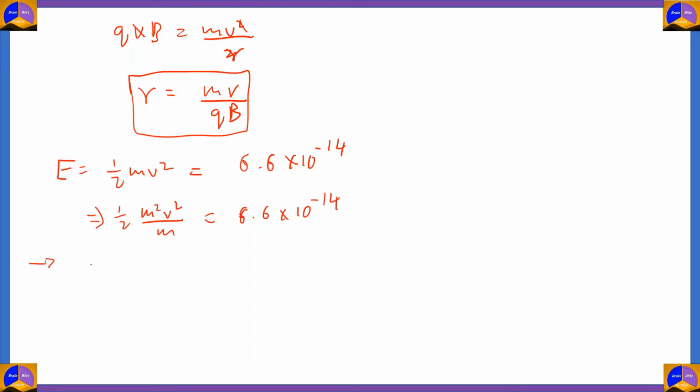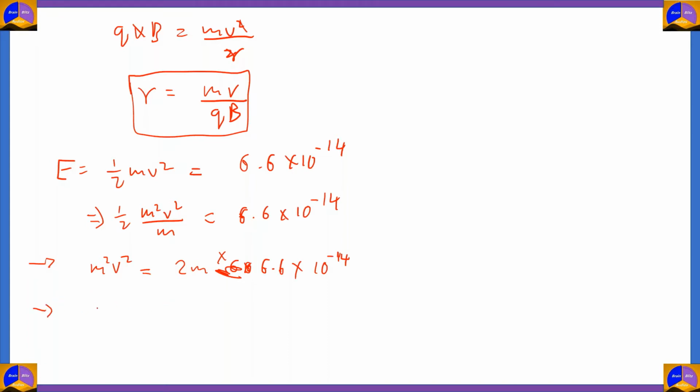Now we keep m squared v squared on the left hand side, and everything else is taken to the right hand side. So m squared v squared will be equal to 2m into 6.6 × 10^-14.